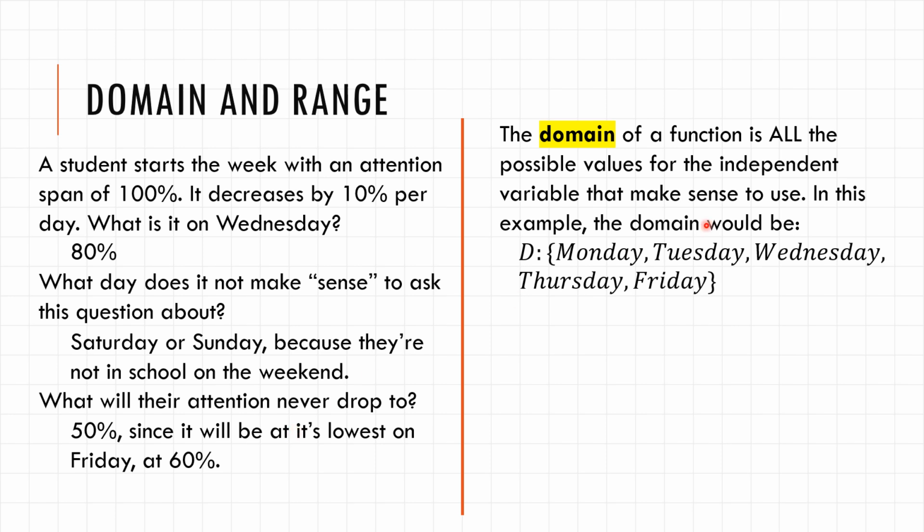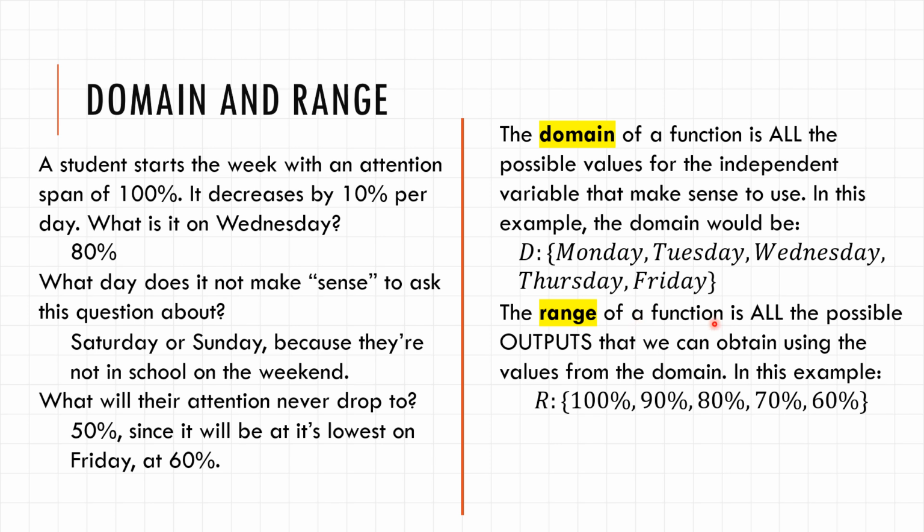In this case, what was the independent variable? The day that we are choosing to check the student's attention span. And the only values that make sense to use are Monday, Tuesday, Wednesday, Thursday, or Friday. Saturday or Sunday do not make sense to ask about because it's the weekend, they're not in school.